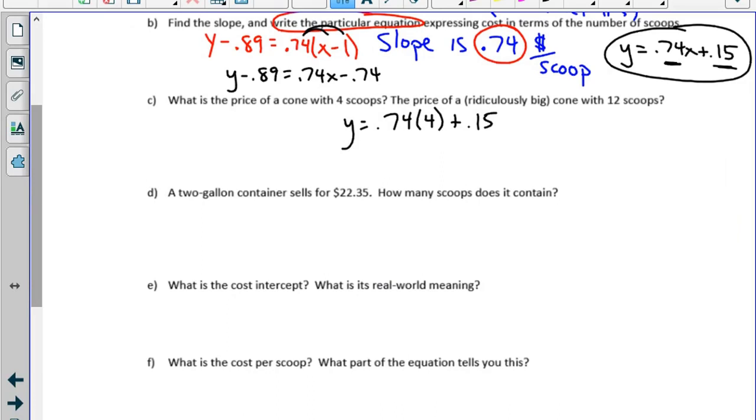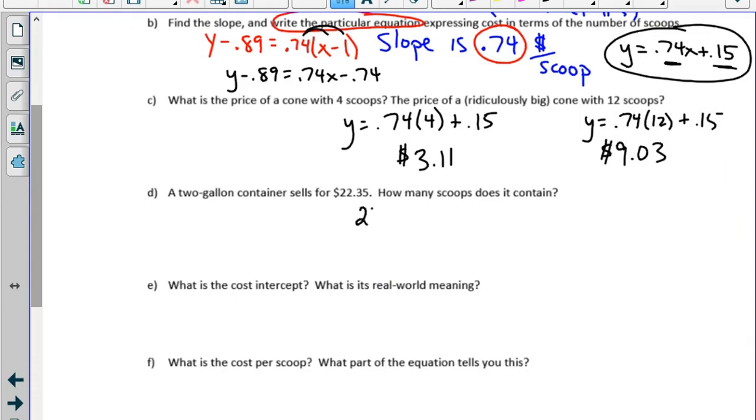And after I do that, I'll end up with 2.96 plus 0.15, so I get $3.11. And then if I did the same thing with 12 scoops, I end up with $9.03. So that would be the price there.